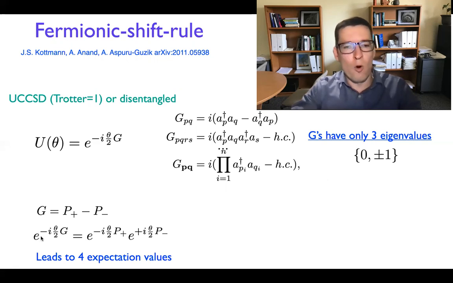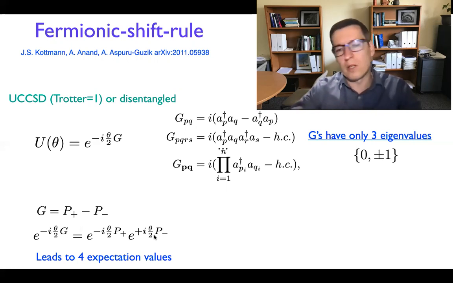And then the exponent can be represented as a product of 2 projectors, which just comes from this representation, because the projectors commute, and that's why the exponent can be written like that. Projectors, as you know, have just 2 eigenvalues, 0 and 1. And if you do a little bit of a shift to move that spectrum to plus-minus 1, that can be done, right?